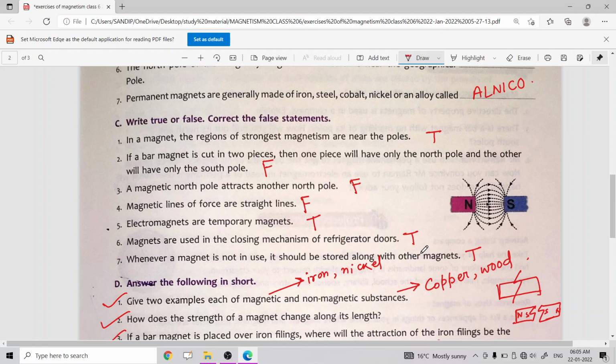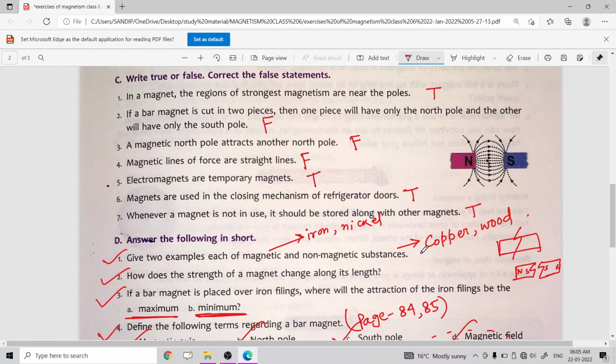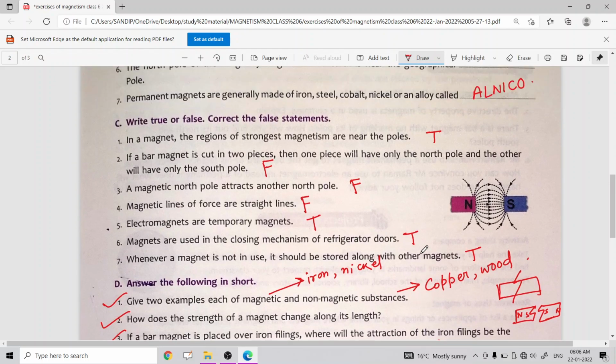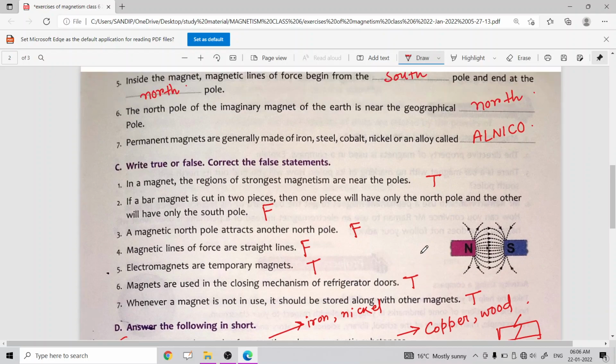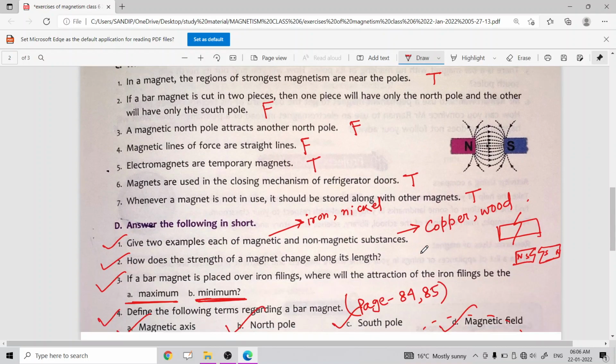It is true, not stored, it is not actually possible. It should be stored along with other magnets by placing two opposite poles at the same end. So this is the answer.